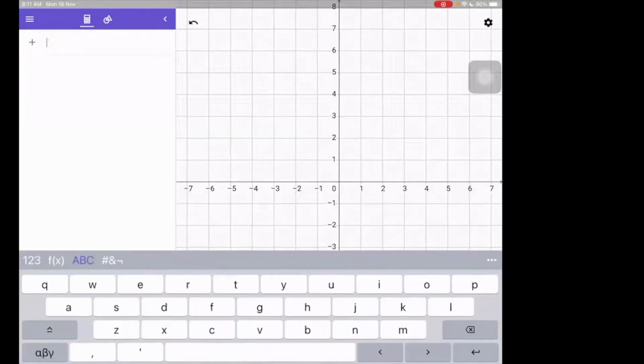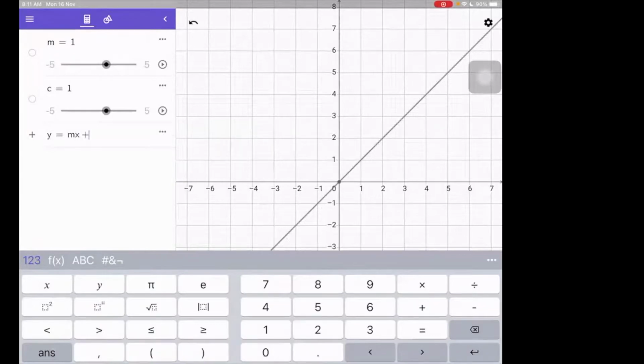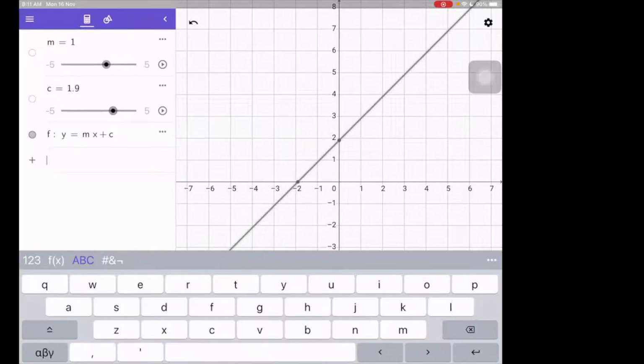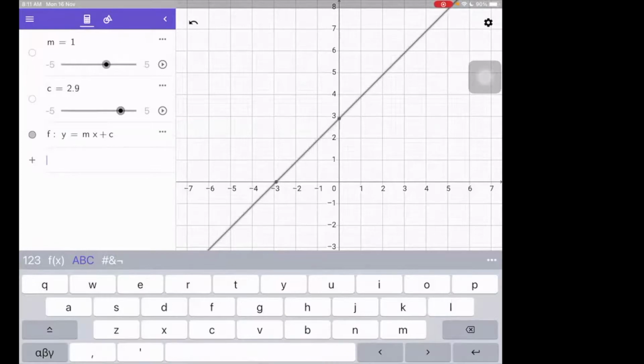Now I'm going to set my parameters as m and c, and plot y is equal to mx plus c. Now suppose I fix my c at some value, 3. Look at the graph.